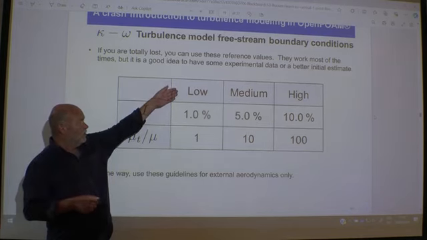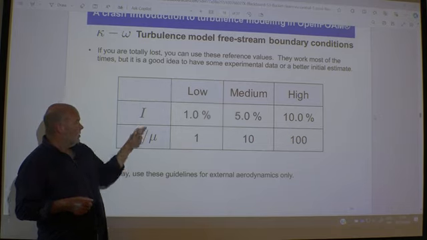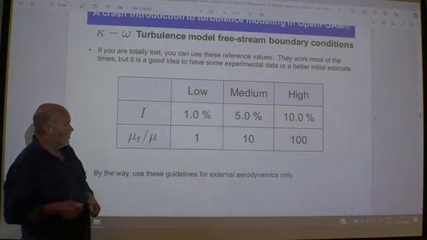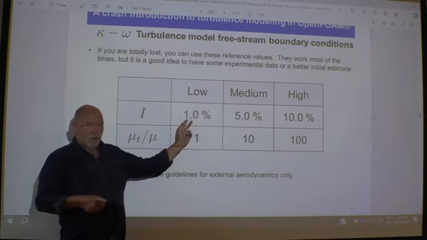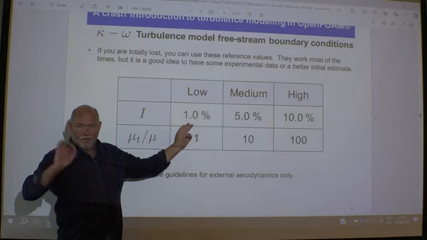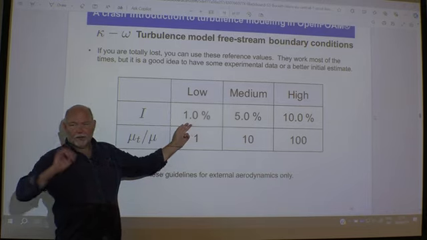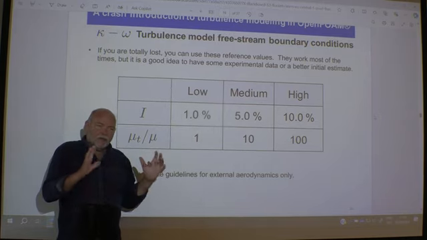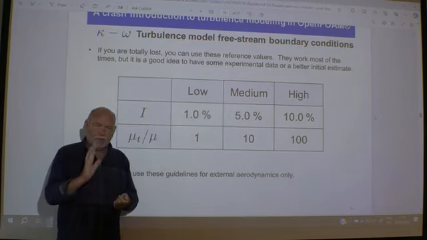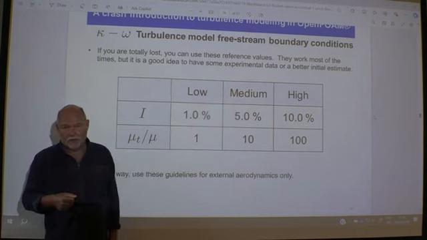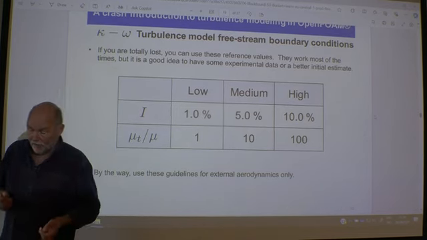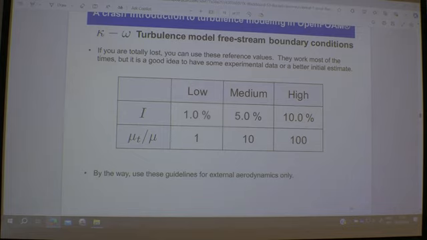What do we mean by low, medium, or high Reynolds number? And then you can choose some numbers here. The intensity then, for low, we say the velocity fluctuating part is only 1% of the mean velocity. If you send in 1 meter per second, then this will be 1 centimeter per second as an estimate for the turbulent kinetic energy K. And here also for the eddy viscosity.